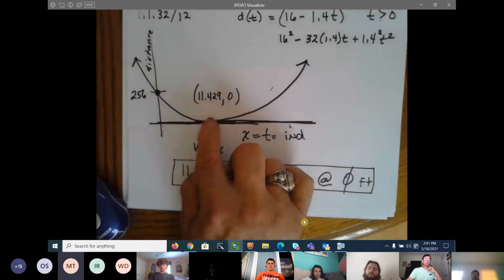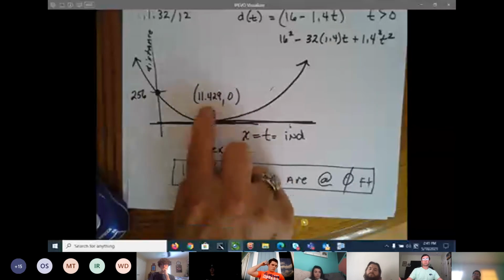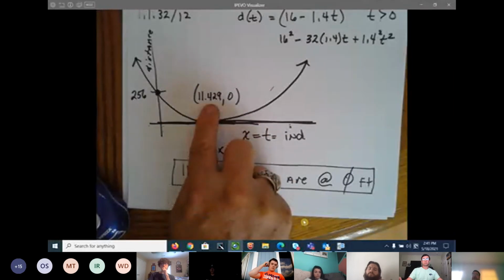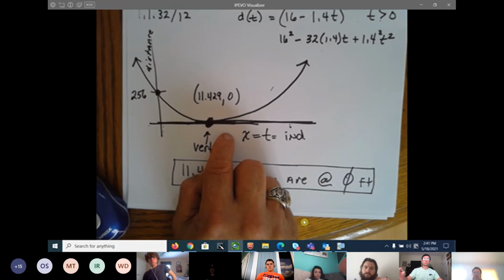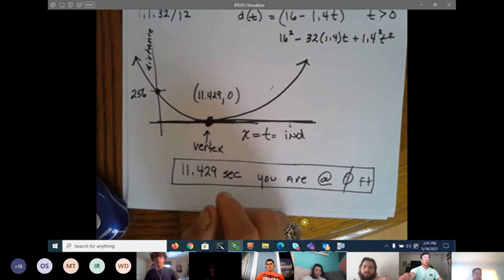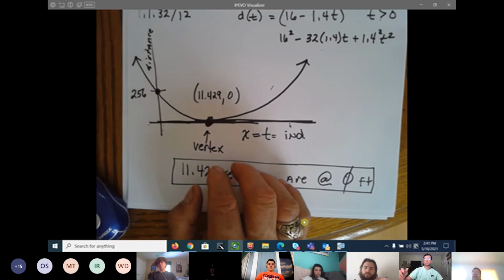Well, the domain is going to be from 0 to 11.4. Why? Does the problem say anything about the tank filling up, or does it talk about drainage? Drainage. That's right, class.